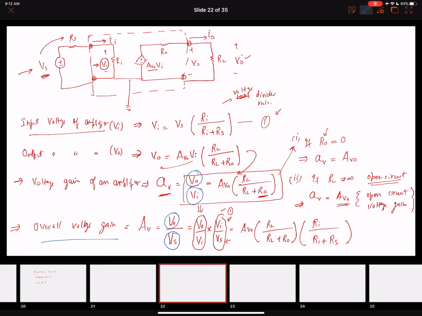Okay. Now, we have derived all of these equations. This is a very simple modeling of an amplifier. The third thing that we want to do before we wrap up this lecture is describe the different design considerations, or you can say criteria, for a good and ideal amplifier.